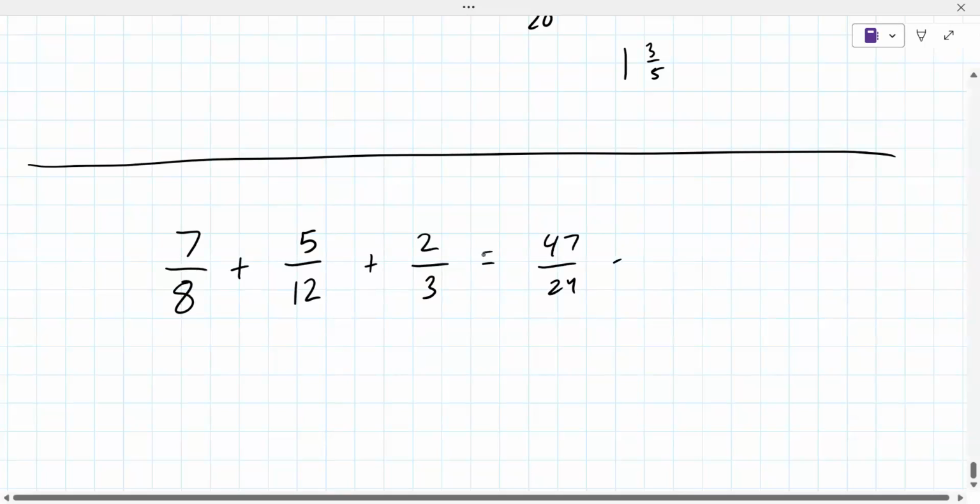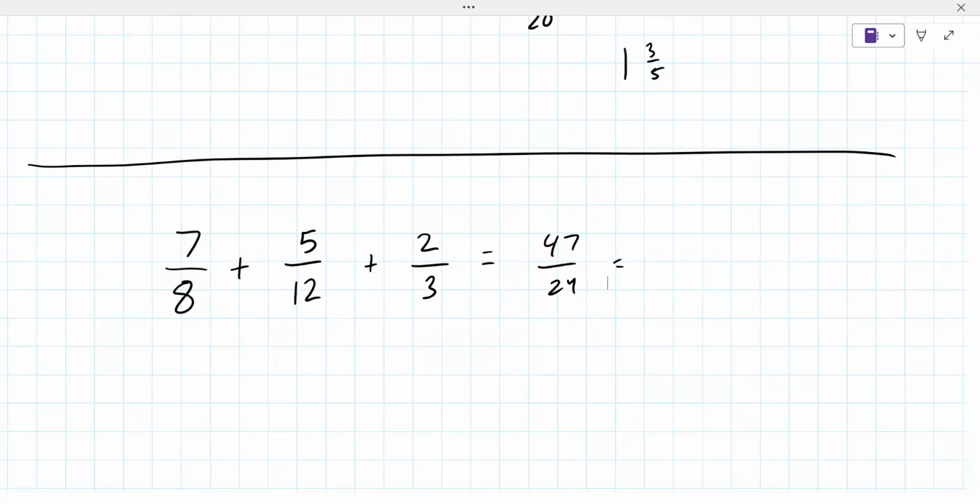And does that reduce? No, it doesn't look like it. Can you write it as a mixed number for me? Sorry, I wrote my 7 and I thought it was a 4. I got 1 23/24.